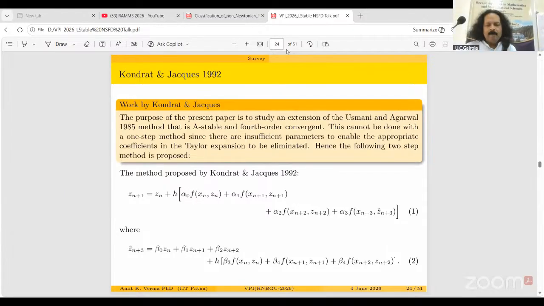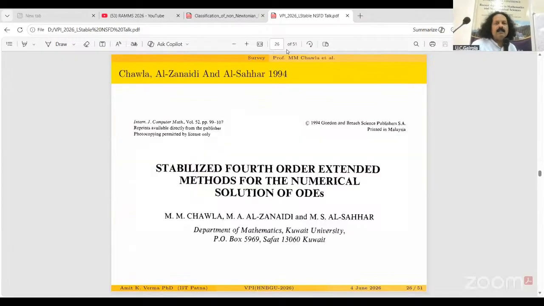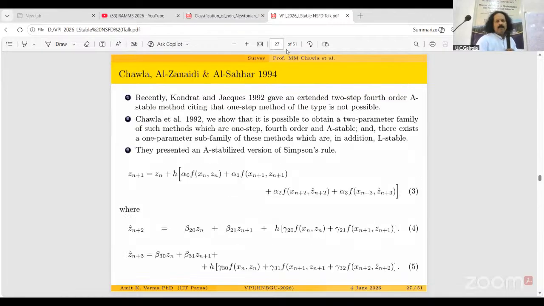Now here comes the work of Professor Chawla, who is from IIT Delhi. He said it is possible to do it without adding an extra term, and he has shown it in the paper. He assumed that Zn plus 2 and Zn plus 3 are both written in terms of n and n plus 1.